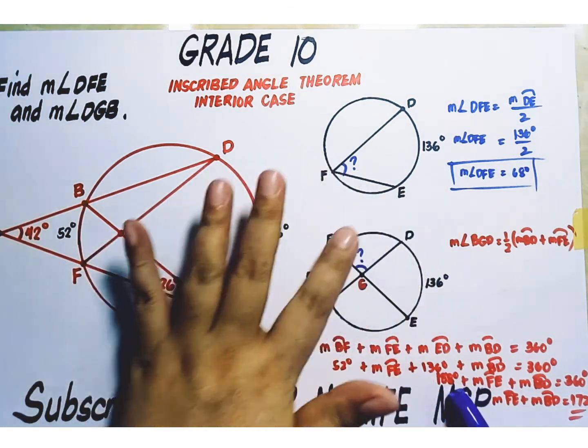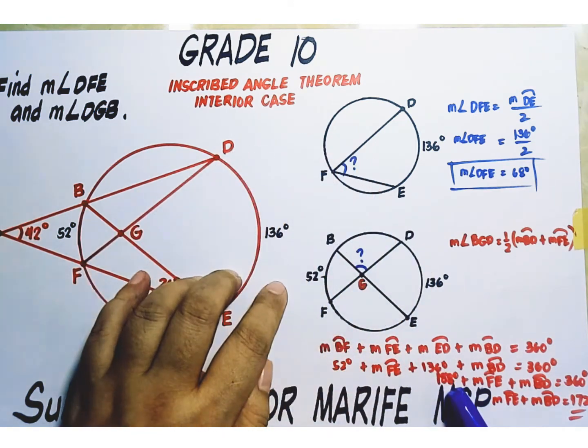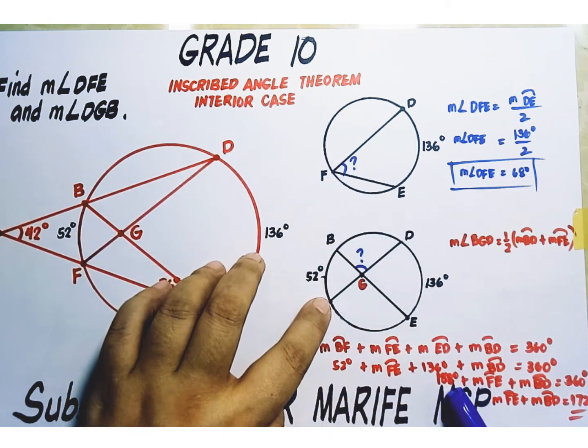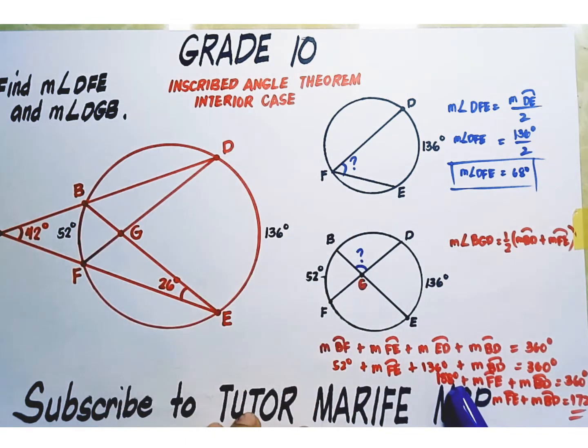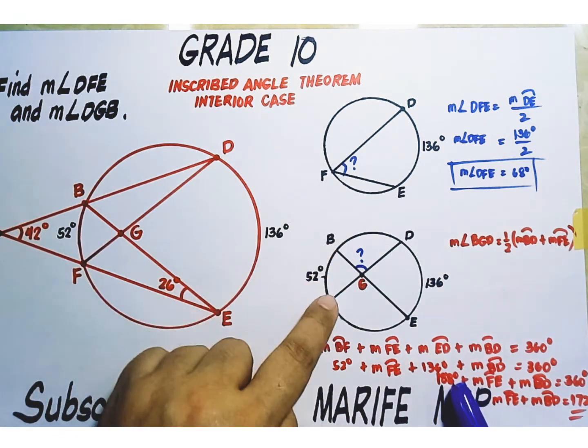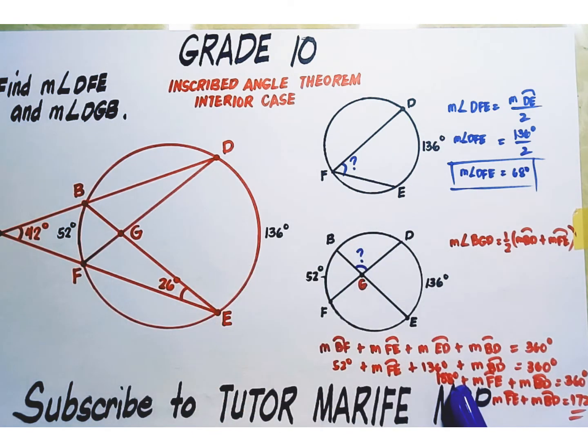Notice that the circle is divided into 4 smaller arcs. We have arcs BF, FE, ED, and DB. Remember that you can interchange the letters when naming an arc. If we add up the 4 smaller arcs, the sum is equal to 360 degrees.